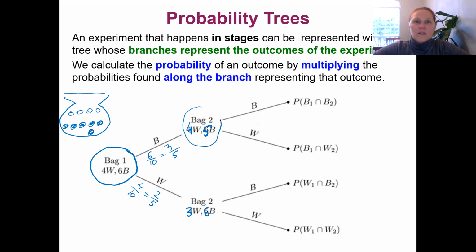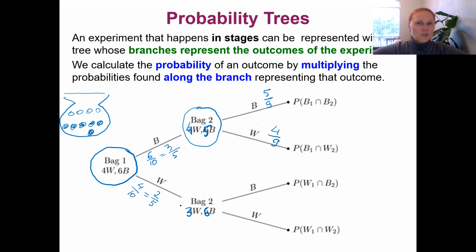The probability to get the second black, there are 5 from 9, will be 5 over 9. The probability of getting the second white will be 4 over 9. There are 4 outcomes in favor of the event getting white from the 9 total.